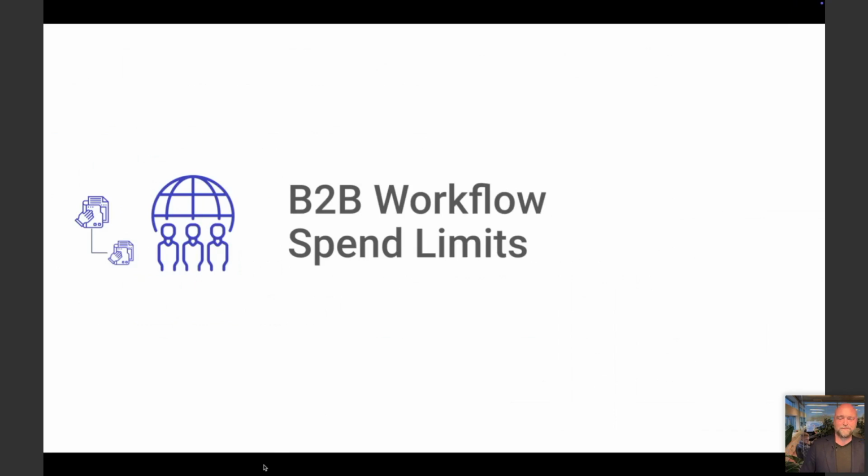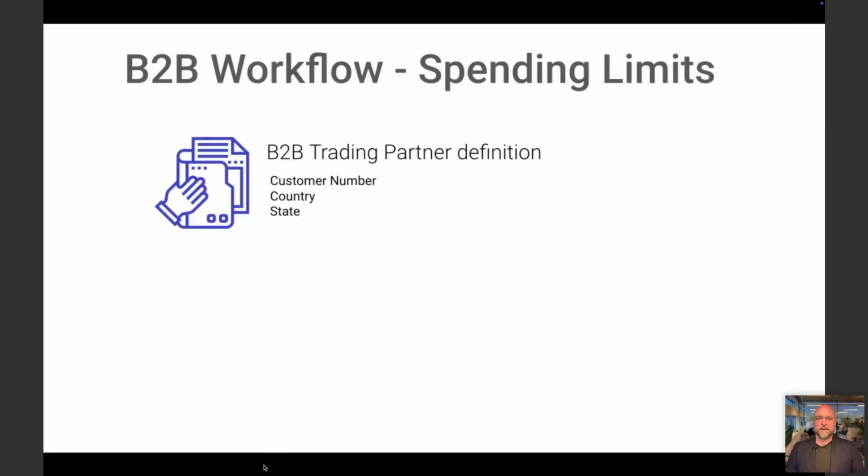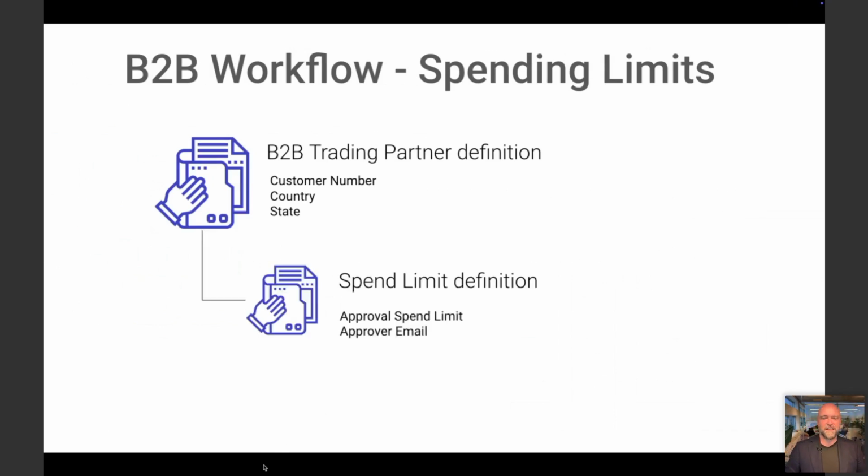So the way to set it up is to create a B2B trading partner definition that you create organizations based on. There's a customer number, country, state, just to give you a sense of what it could be. You could add other things, right? And then you mix in a spend limit definition with an approval spend limit and an approver email. So on the organization, you'll have these two fields to work with where you can enter an amount and an email.